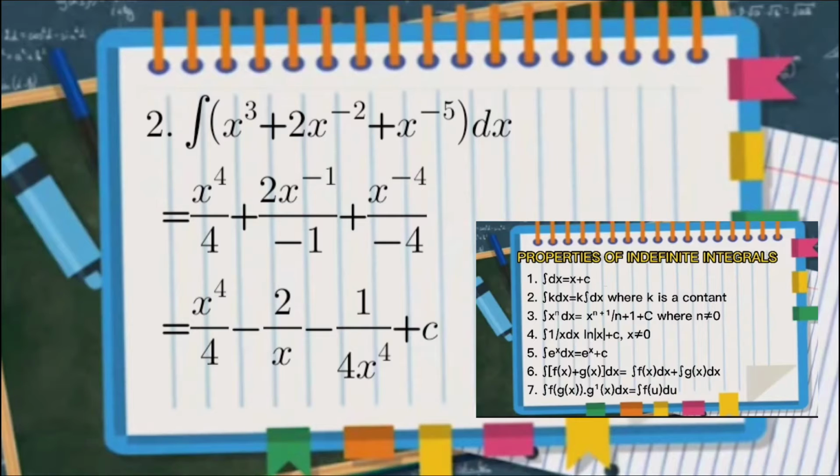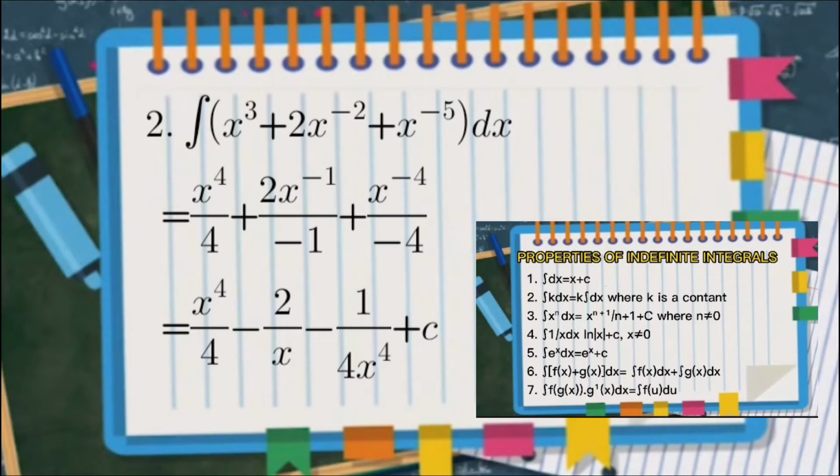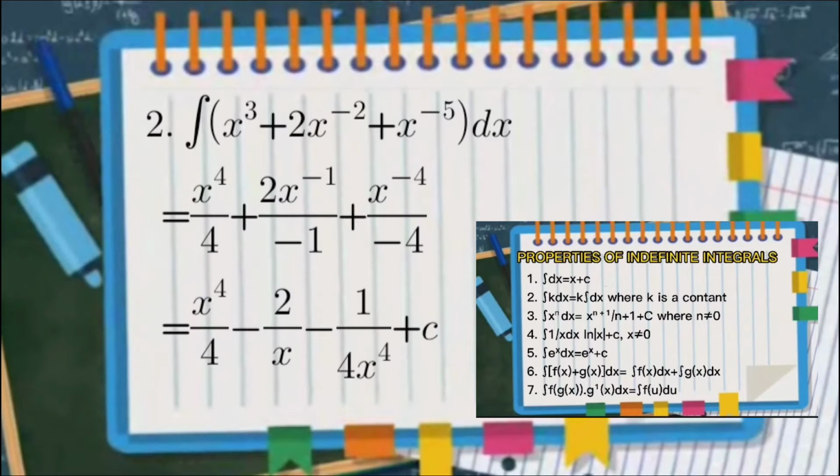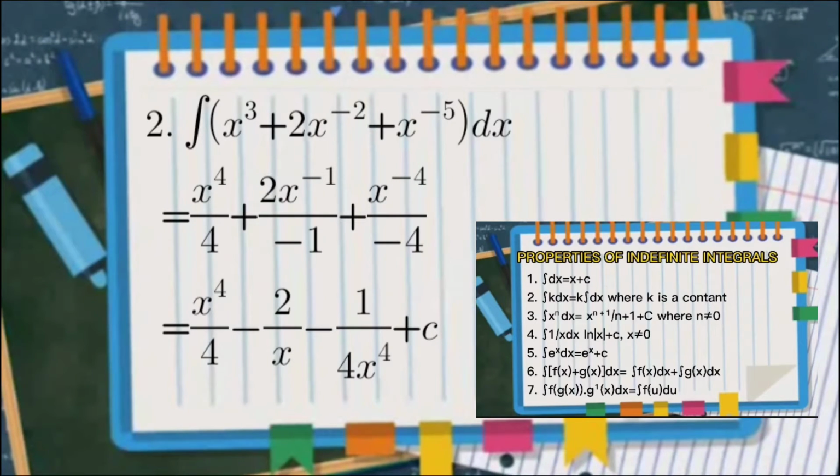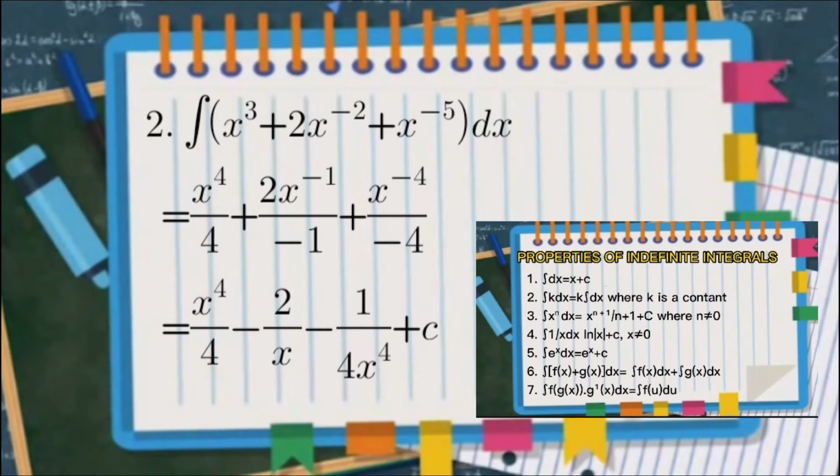So we add 3 plus 1, so it becomes 4. So x to the power of 4, and bring 4 into its denominator, plus 2x to the power of negative 2. So we add negative 2 plus 1, so it becomes negative 1.